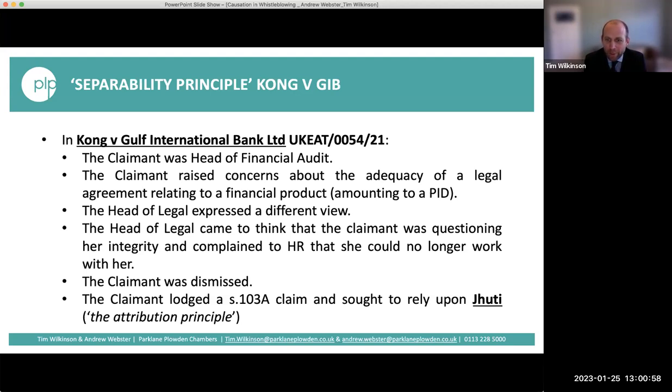So they had separated the making of the disclosure from the manner in which the claimant had behaved in questioning the integrity of the head of legal. And the tribunal said the decision makers hadn't actually looked at the disclosures themselves and what had led to the meeting. So again, not a but-for test, but looking at what, in dismissal terms, the principal or sole reason was in terms of the decision makers themselves.